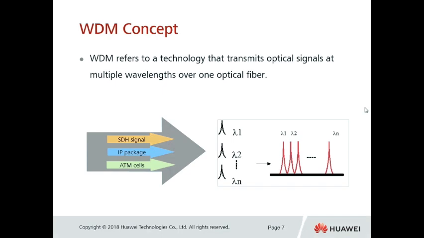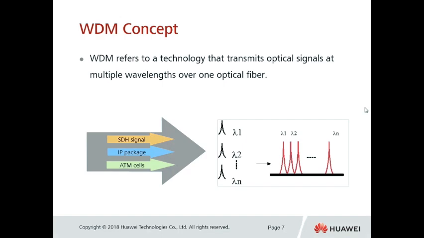So let's see the WDM concept. You see, WDM refers to a technology that transmits optical signals at multiple wavelengths over one optical fiber. We can use different wavelengths, mixed together into the same fiber, to realize high capacity transmission. Different wavelengths carry different services.